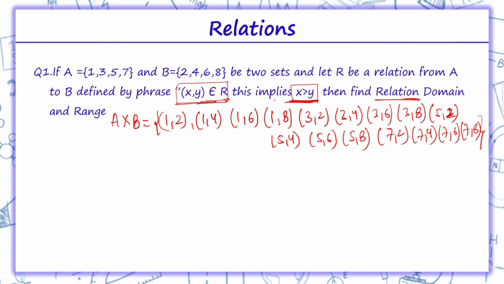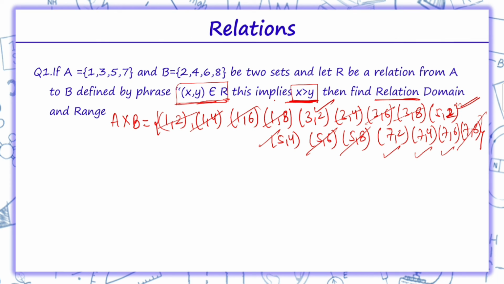Now what is the condition? x should be greater than y. So 1 2 is eliminated because x over here is not greater than y. 3 2 will come, 3 4 will not come, and the rest will not come. x should be greater: 5 2 will come, 5 4 will come, 5 6, 5 8 cancelled; 7 2, 7 4, 7 6 will come, 7 8 cancelled.